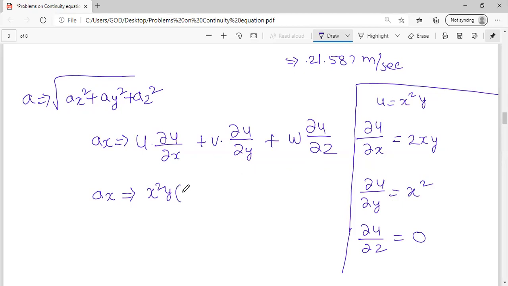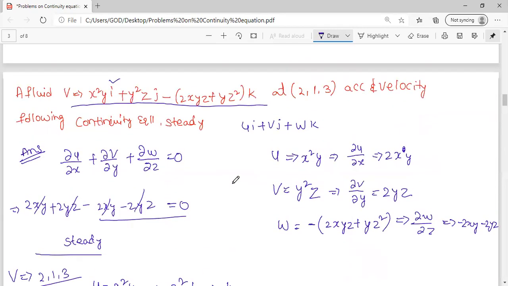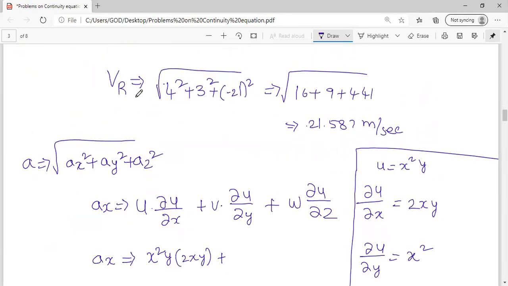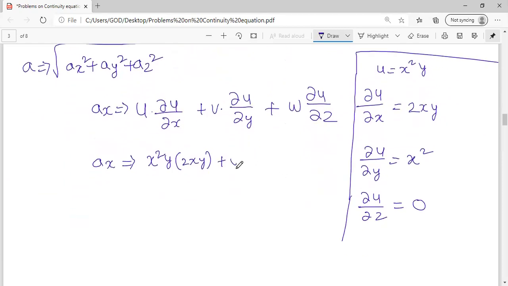Then dou u by dou x is 2xy, plus v, which from the question is y square z, so y square z into dou u by dou y, which is x square, plus w into dou u by dou z, which is 0, so no need to write it.